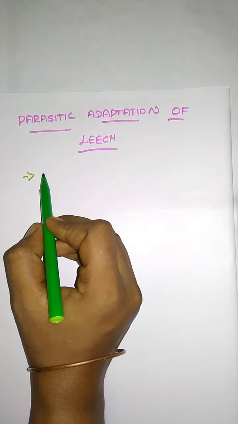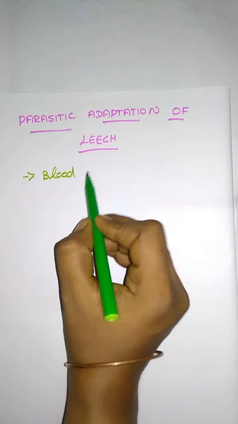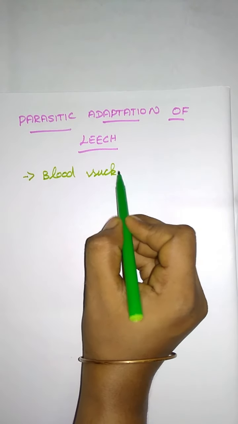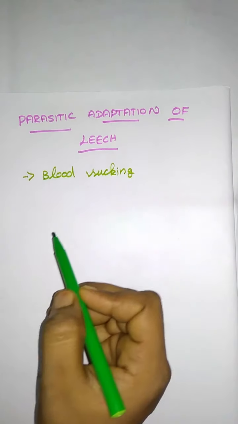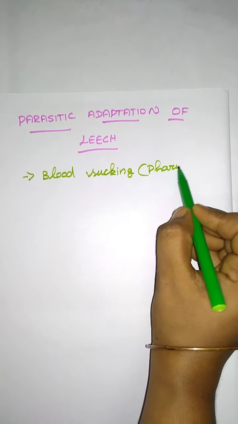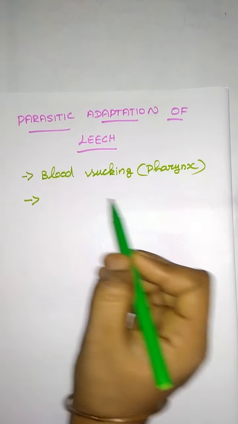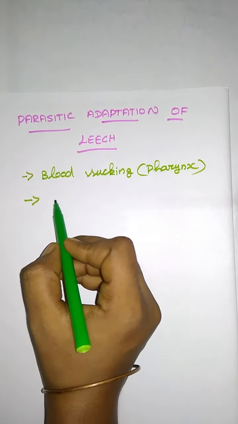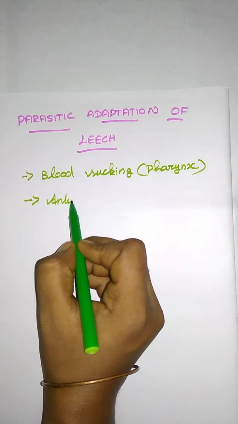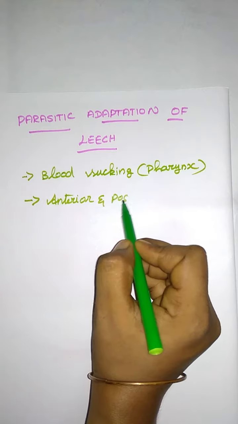First one, the leech is blood sucking in nature, through the pharynx. And next, with the help of two suckers, the anterior and the posterior sucker.